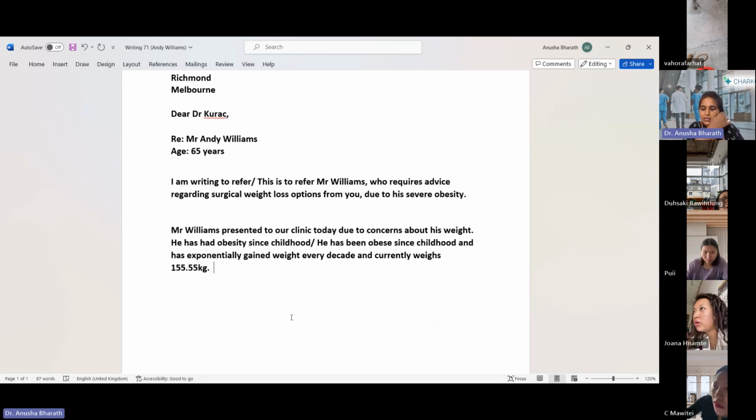Now, this man has participated in these weight loss programs but has regained the weight, right? So what will you tell me, guys? Give me a proper sentence.